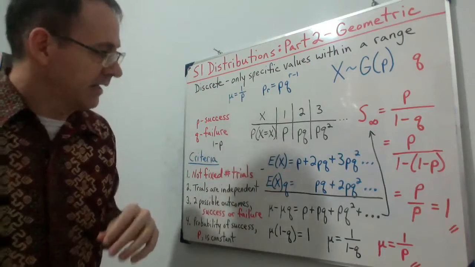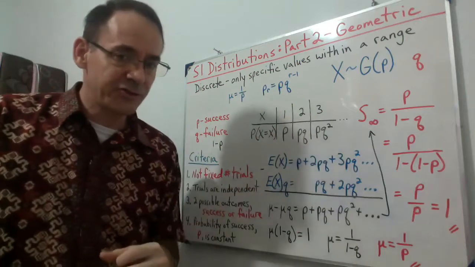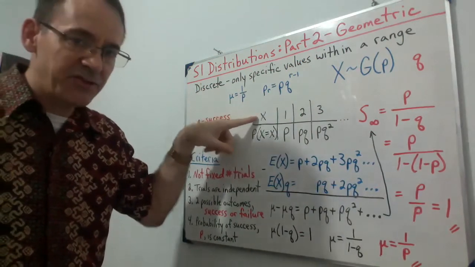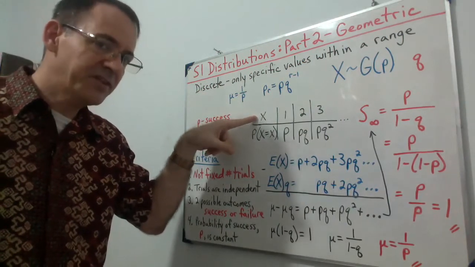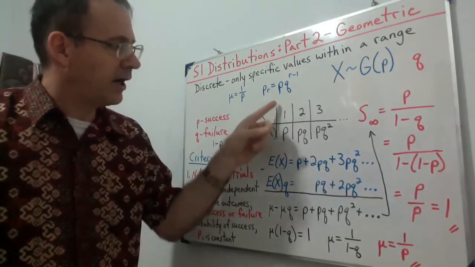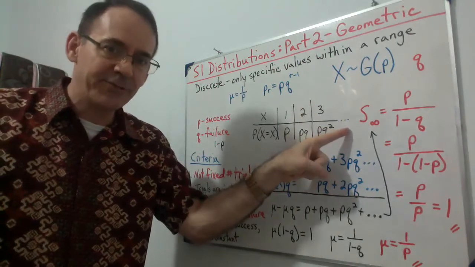binomial expansion. So if we look at a probability distribution table where x is your possible values, in this case x is going to represent the trials. So trial 1, trial 2, trial 3, and these trials go on indefinitely.